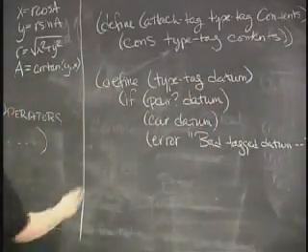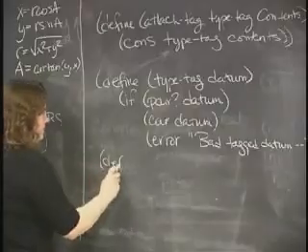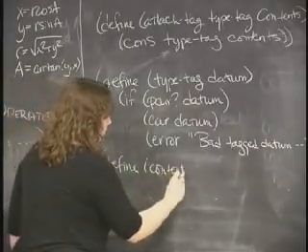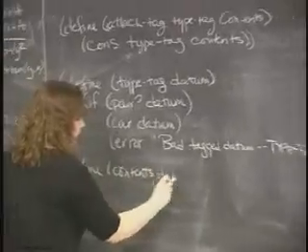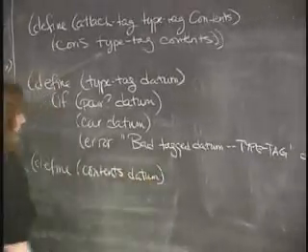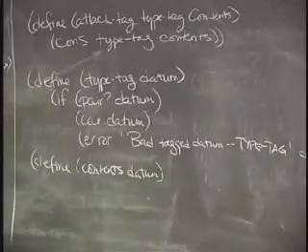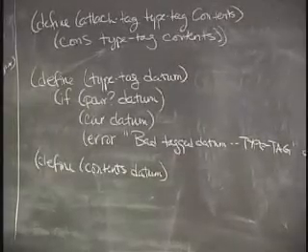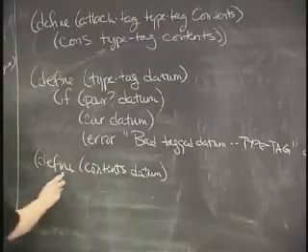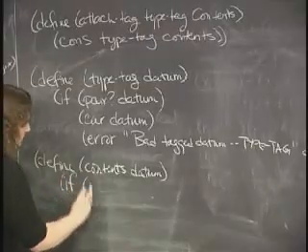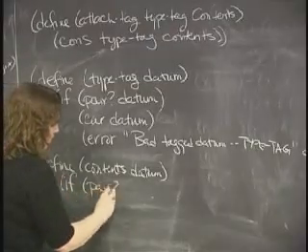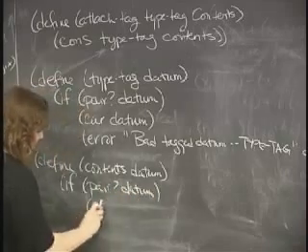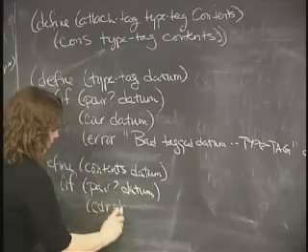Okay. Similarly, we could write contents. So what's contents going to do? Return the cdr. So we'll do the same sort of error checking. If we've got a pair, return its cdr.